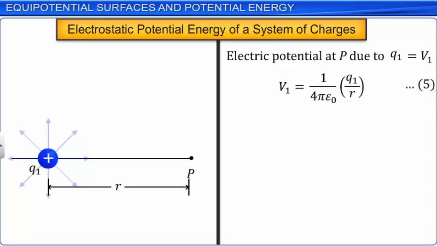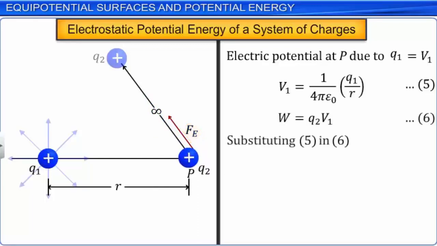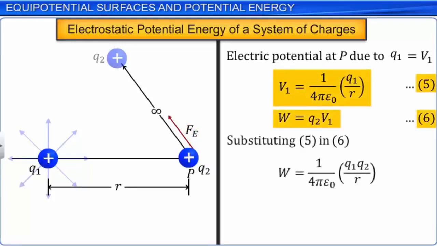Now, to bring a charge plus Q2 from infinity to point P in the electric field against the electrostatic force, the work done W is equal to Q2 V1. Let this be equation 6. Substituting equation 5 in equation 6, we have W equal to 1 by 4 pi epsilon naught into Q1 Q2 by r.